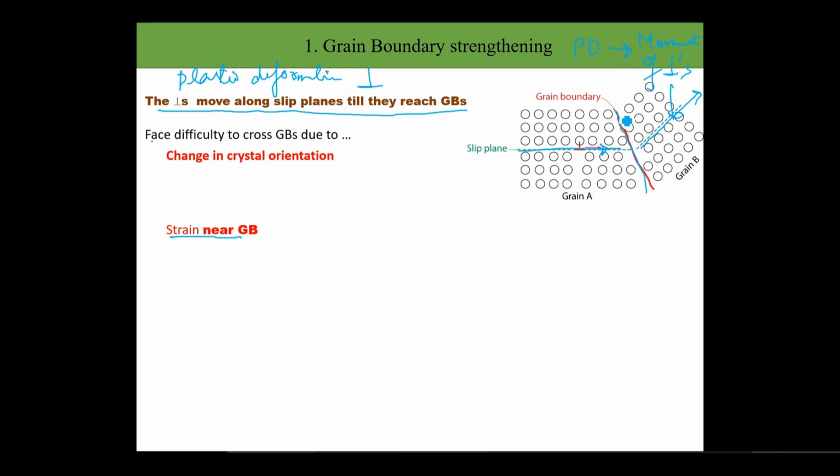So this grain boundary is basically resisting the motion of dislocation due to the change in orientation. इस dislocation को अपनी orientation ऐसे करने के लिए energy चाहिए, and that resistance is caused by the grain boundary. So therefore, the grain boundary is making the dislocation motion difficult due to the change in crystal orientation. Is this point clear?